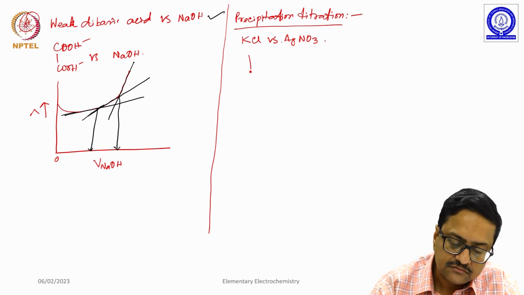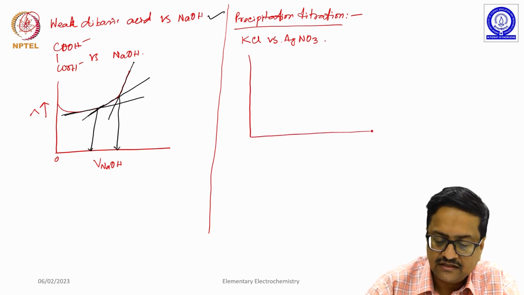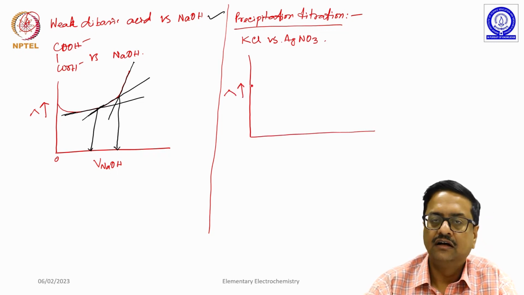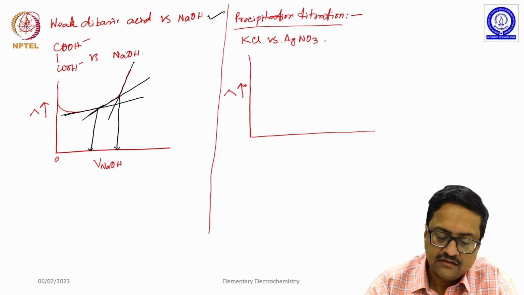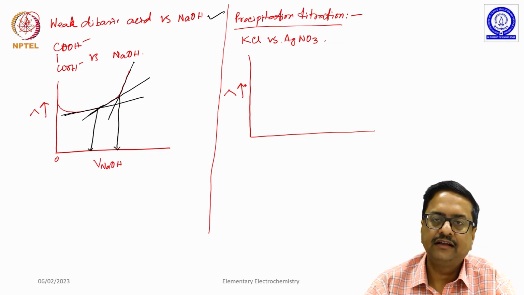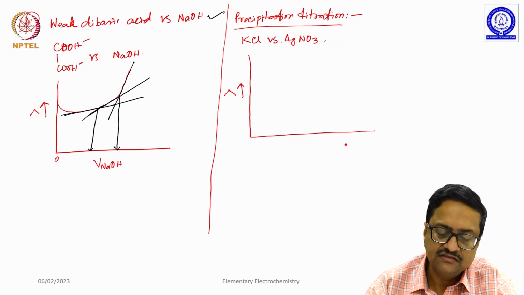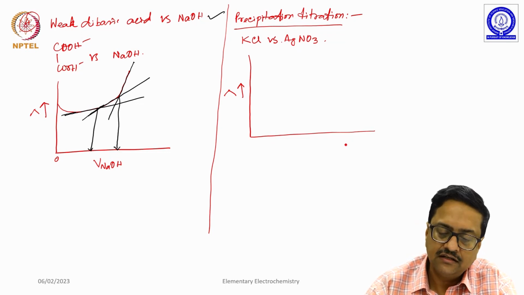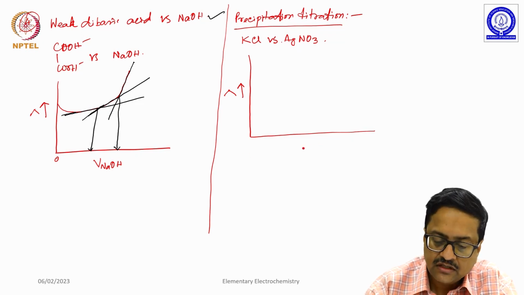As you know, KCl is used as a standard solution for determination of the cell constant of a conductivity cell, and it is very easy to handle KCl as it is not hygroscopic and is a free-flowing salt. So one can use KCl as a standard for this type of experiment.